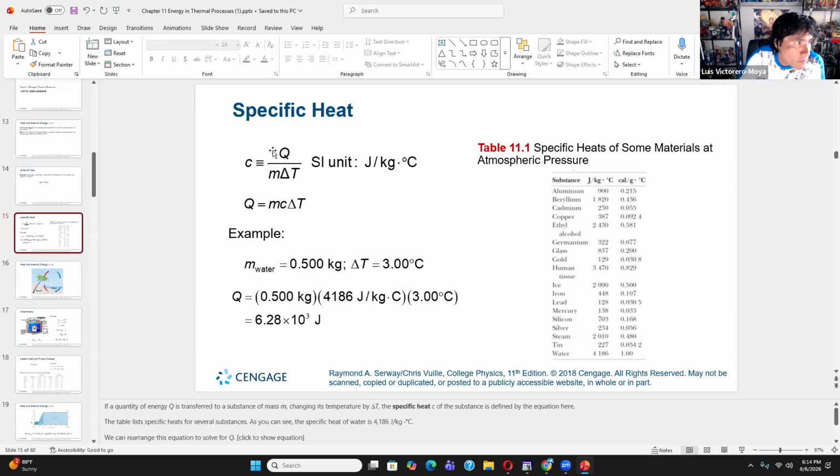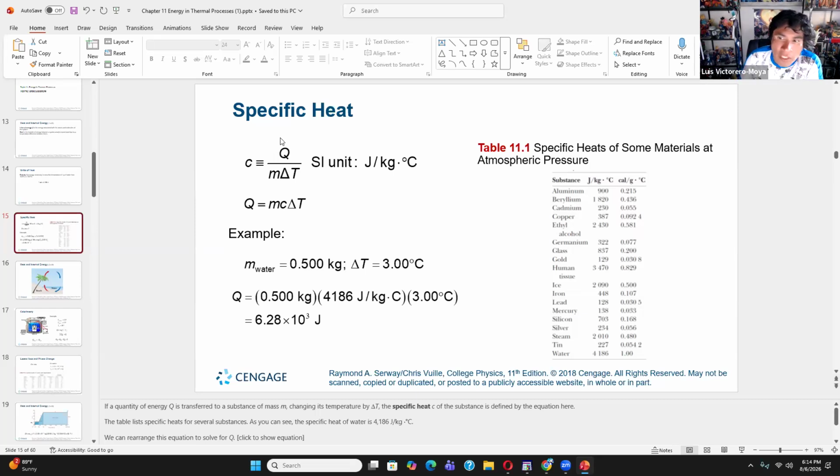Now the units for heat, because it's energy, are joules, mass in kilograms, temperature in Celsius. So we use joules per kilogram Celsius most of the time for the units of specific heat or specific heat capacity.